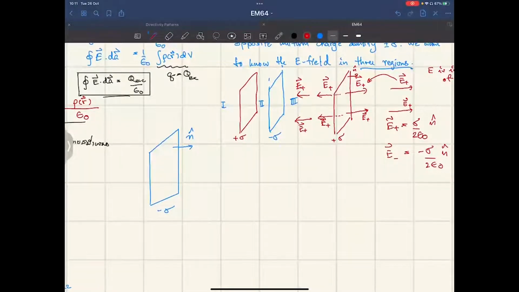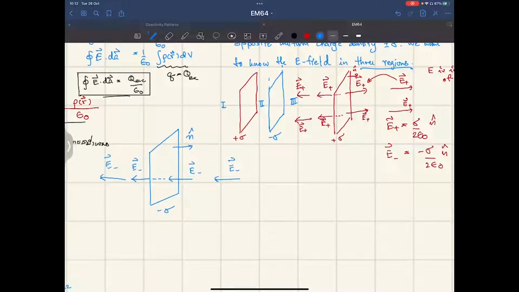Let me use the blue one here, and on the other side as well, it's also going anywhere. I only draw one line, but you understand it.